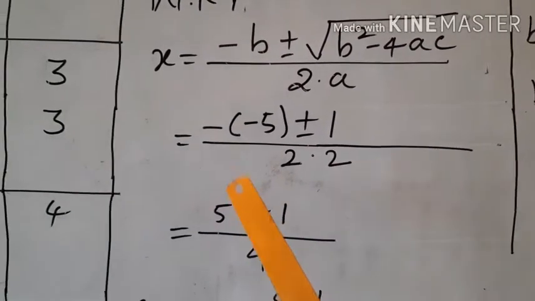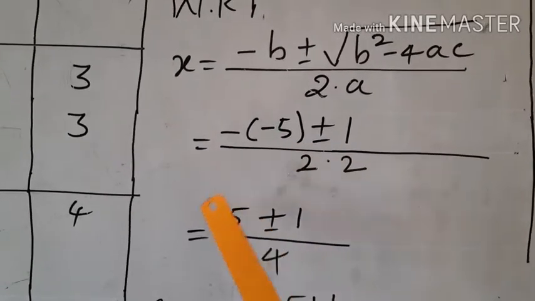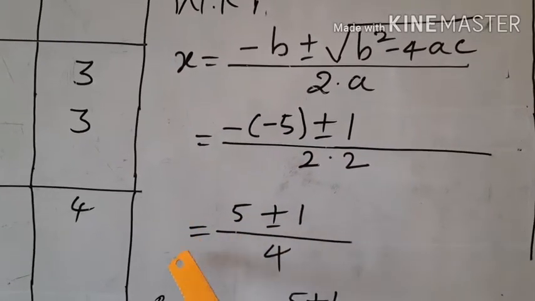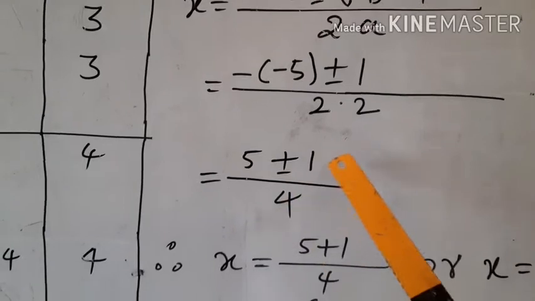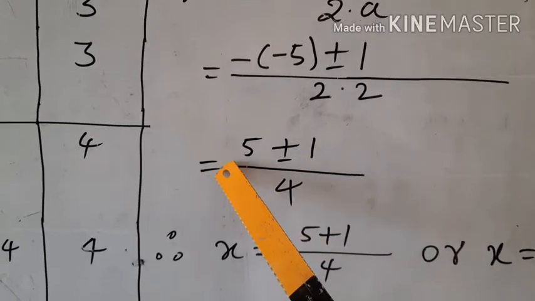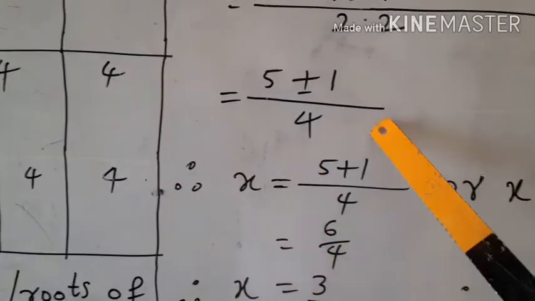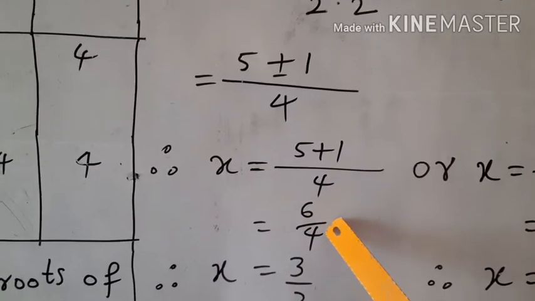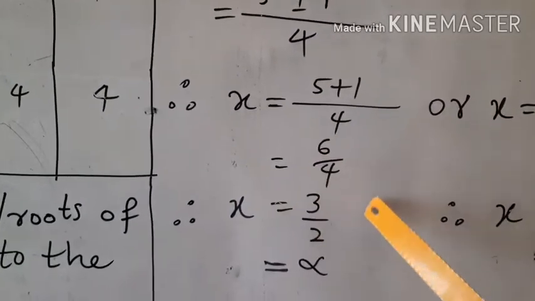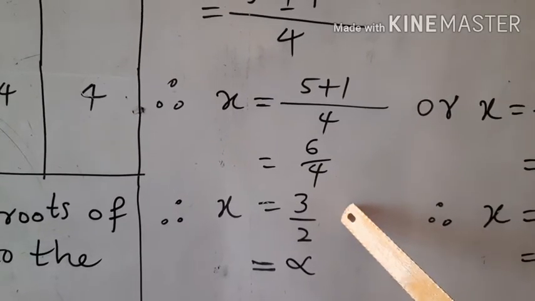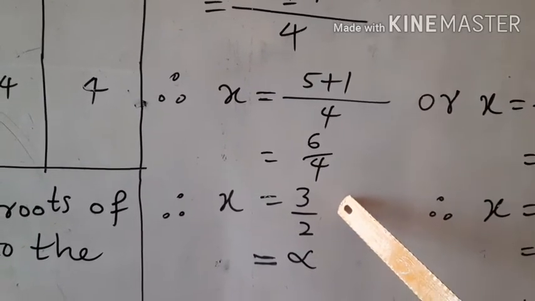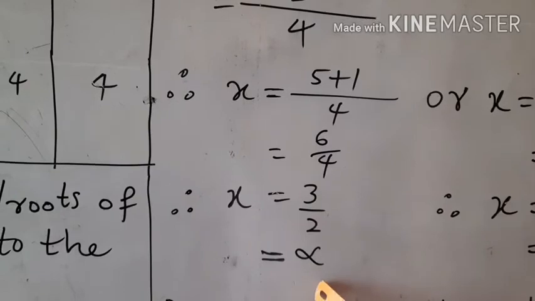So x is equal to 5 plus 1 by 4 or 5 minus 1 by 4. x equal to 5 plus 1 by 4 becomes 6 by 4, and x is equal to 3 by 2. So x equal to 3 by 2 is one root and I call this alpha.